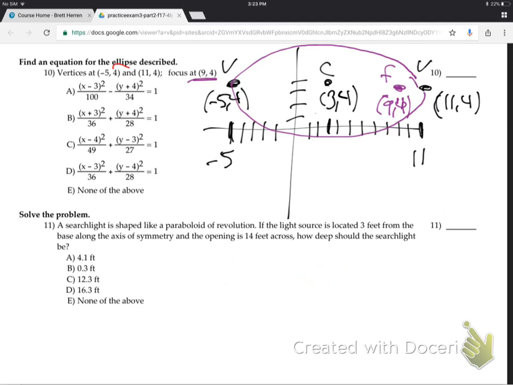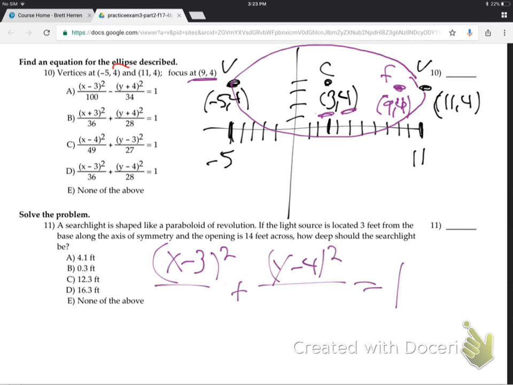Well, it's going to be x minus 3 squared, because the 3 and the 4 are opposite, plus y minus 4 squared, with a plus sign in the middle for an ellipse, equals 1. What goes underneath x is how far right and left to the edge. From the center to the edge, that goes from 3 to 11, that's 8. So 8 squared must be underneath x.